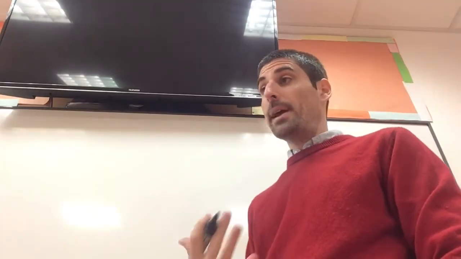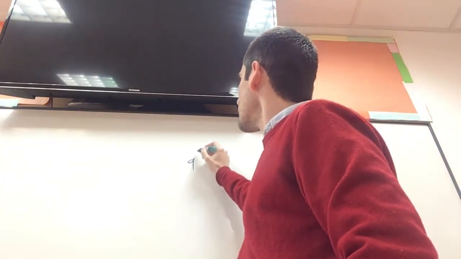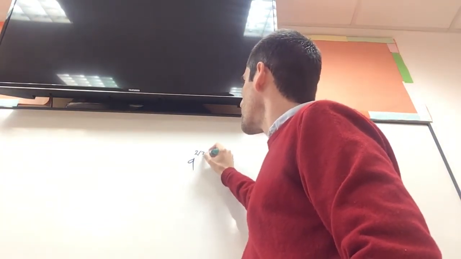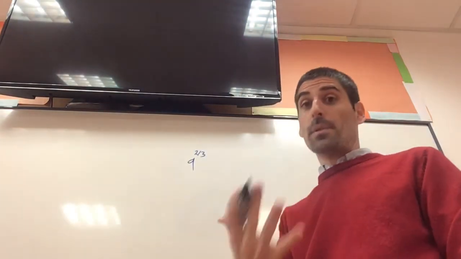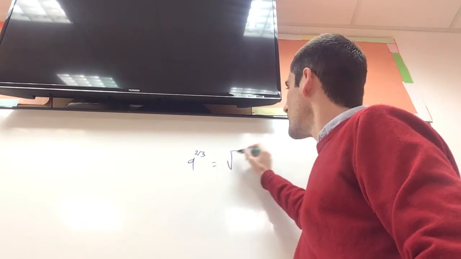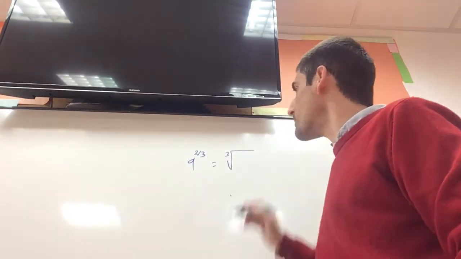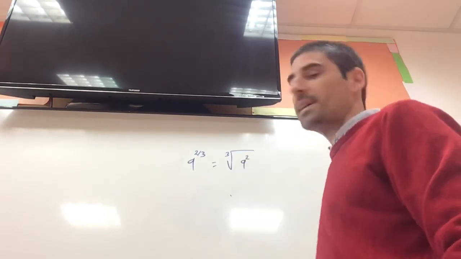Another example here could be 9 to the power 2/3. I'm going to do it both ways again. So this is going to be the cube root, because the denominator is 3, so that means the cube root of 9 squared.